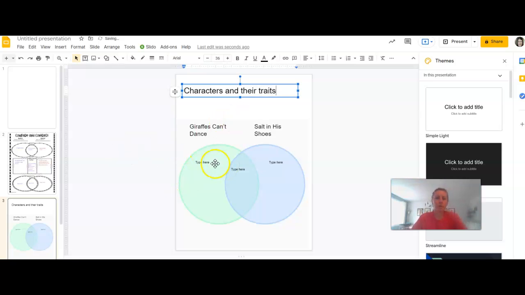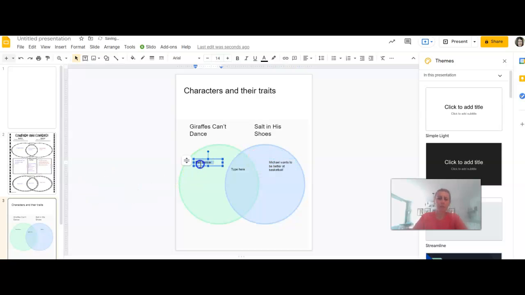Okay, so let's see. Gerald is a bad dancer. At first, right? Michael wants to be better at basketball.